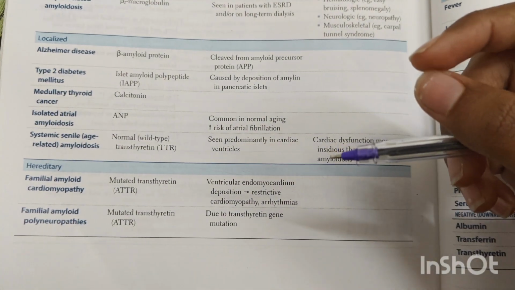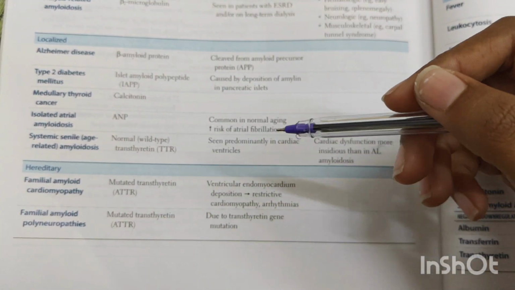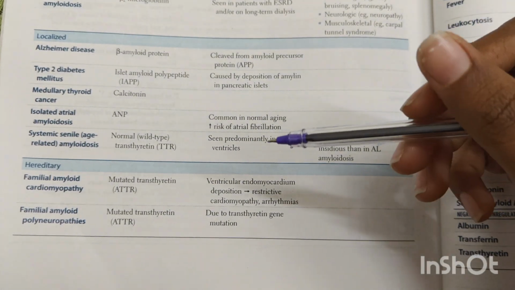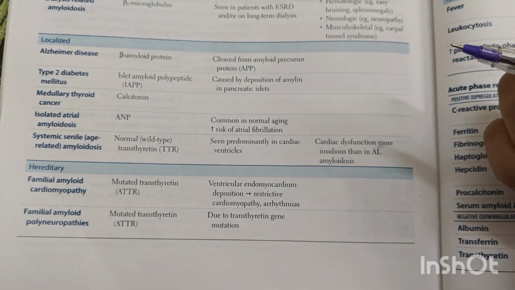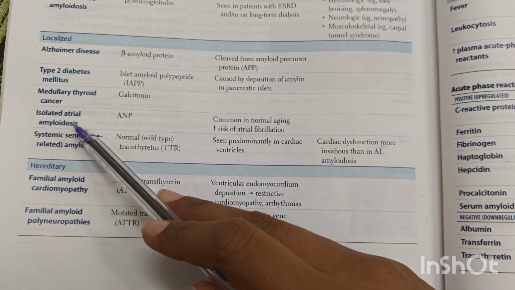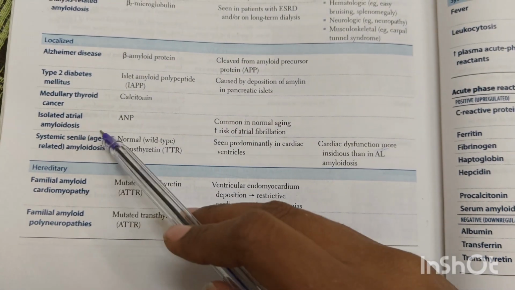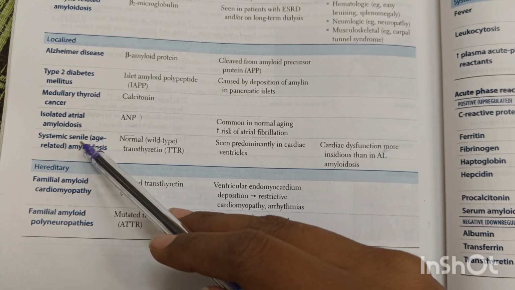In isolated atrial amyloidosis, there's deposition of ANP, which is common in aging, and because of this there's increased risk of atrial fibrillation. Hence the name isolated atrial amyloidosis: only in the atria there's ANP. Next, systemic senile. Senile means age related.